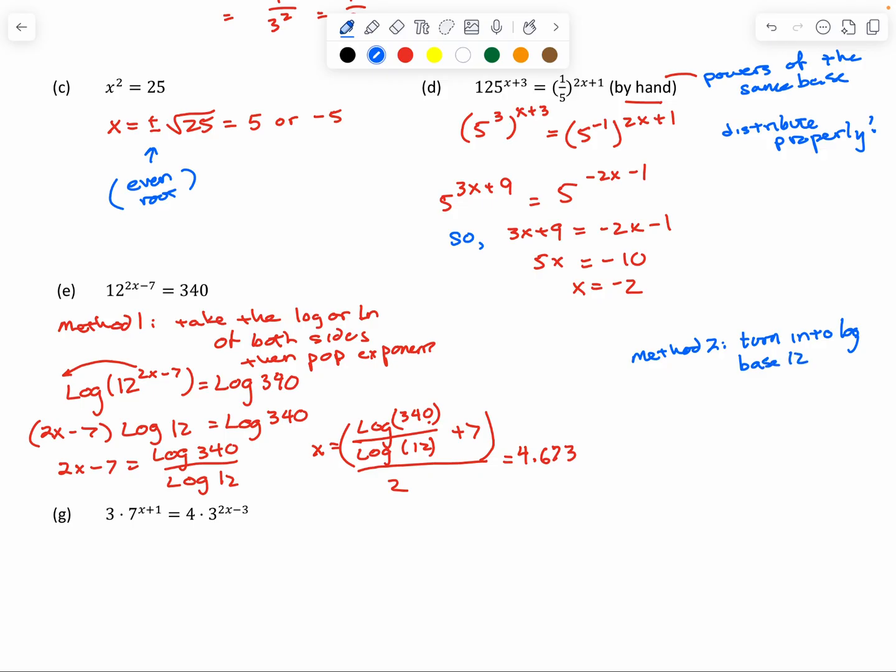So I start with 12 to the 2x minus 7, sorry. That's what I did before. And then the base of the log is the base of the exponent. And then pop across.